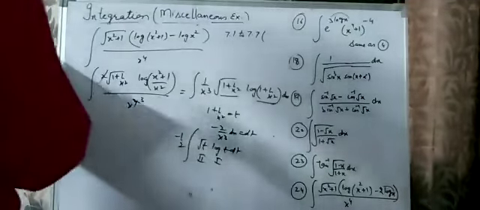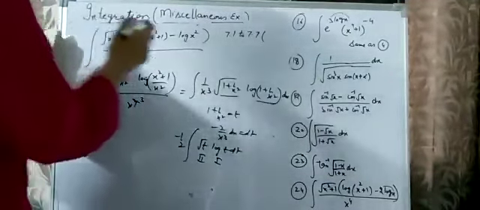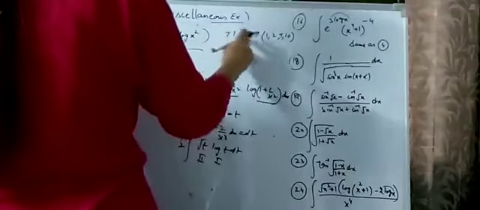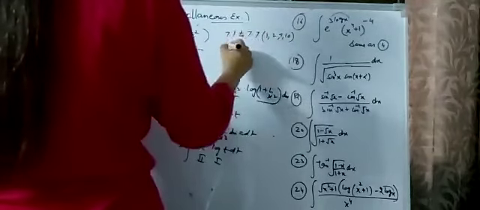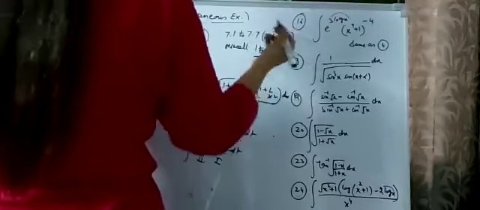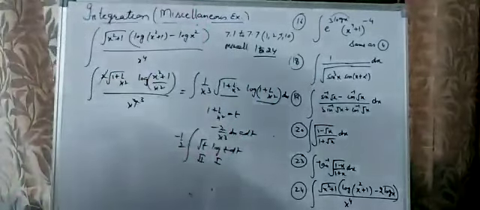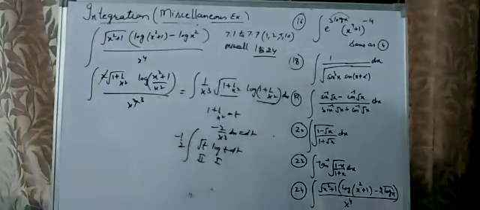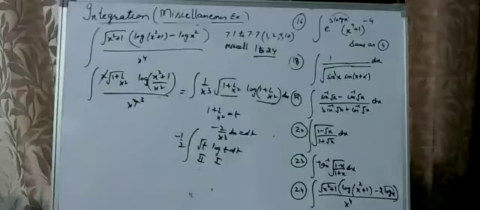In 7.7 you have to do the first, second, and then the 9th and 10th. So for 7.7 you just have to solve these 4 questions, along with 7.1 to 7.6, and the miscellaneous exercise from 1 to 24. Maximum questions I discussed here. The rest of the questions you can easily solve. All these questions are of by parts or partial fraction. So complete this portion, and all the best for periodic test 2.